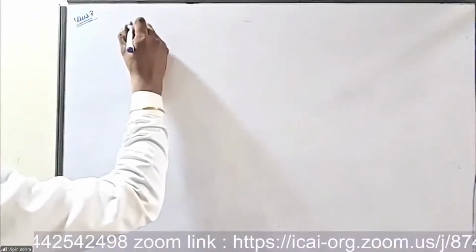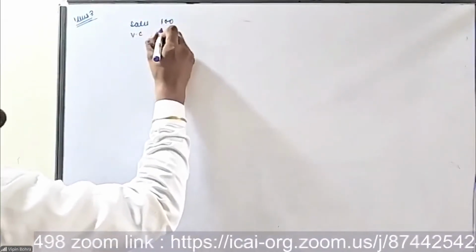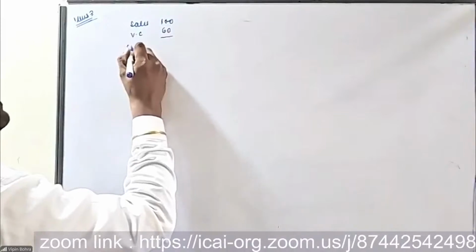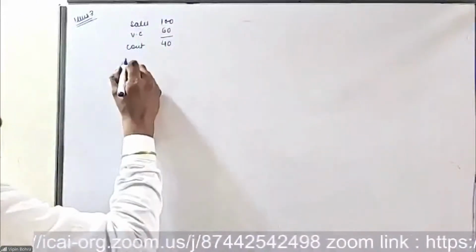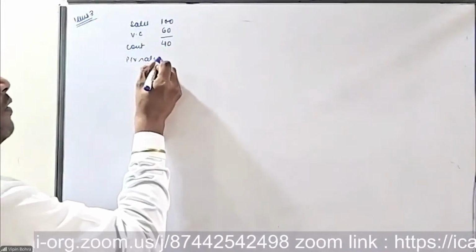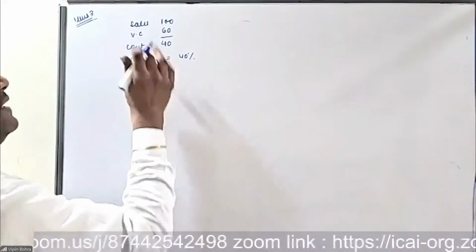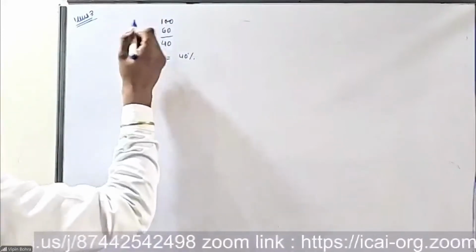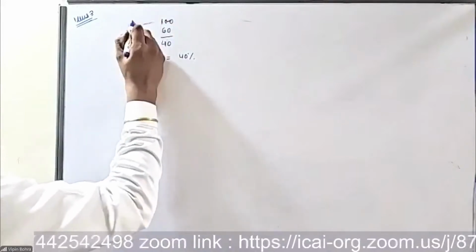Illustration number 3. Currently, if my sales is 100, my variable cost will be 60, and my contribution will be 40. This is my current scenario. Now, if my selling price is reduced by 20%, this is not sales, it is selling price, we can call it sales also, that's okay.